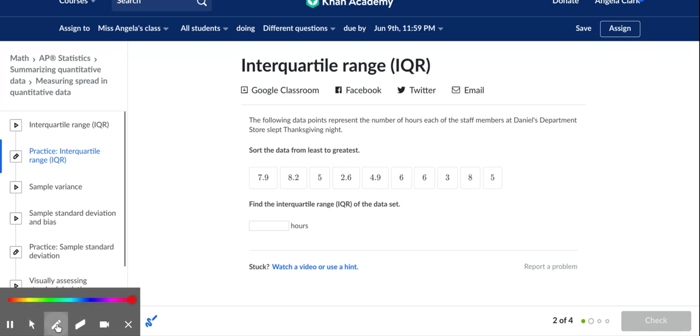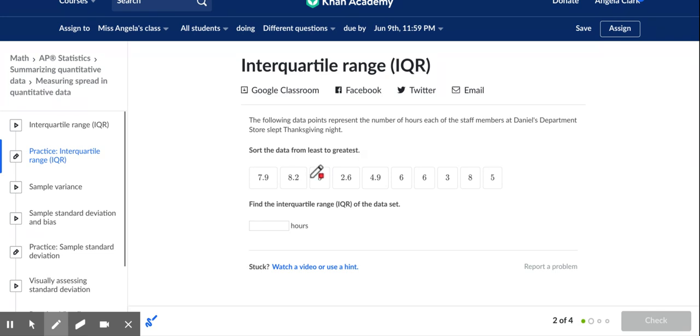So the very first thing we need to do with this, though, is we need to get the numbers in order. So notice how they're not in order. If I found the median of this, it wouldn't be accurate because it's not in order. So until now, we've had, what's the word I'm looking for?